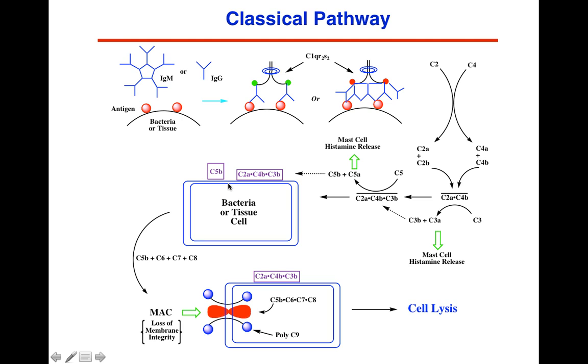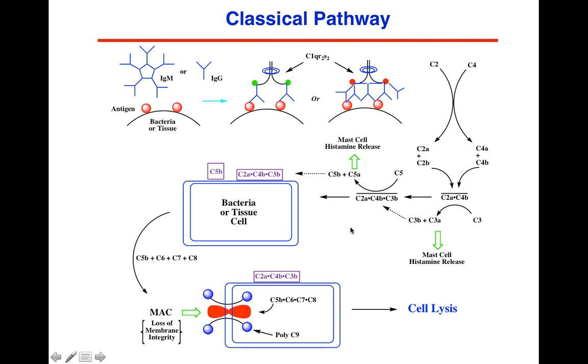And C5b undergoes oligomerization on the surface with C6, C7, and C8 to form this scaffolding set of proteins that allows then the assembly of the MAC complex in the pores and then cell lysis. So you can see it's a pretty straightforward process. And also I just want to point out these factors will go on and are immunostimulatory and stimulate other cells in the immune response, particularly mast cells.